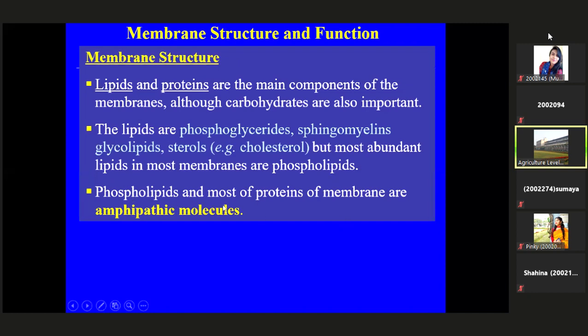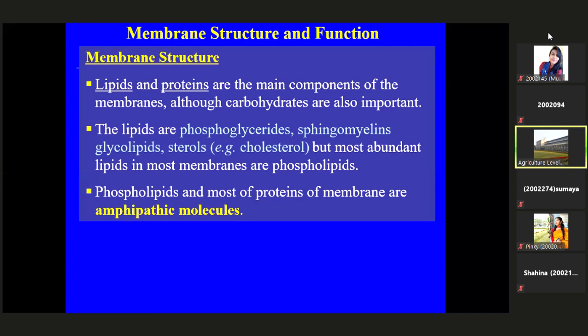So phospholipids and most of the proteins of the membrane are amphipathic molecules. Amphipathic molecules means it contains two types of properties. Amphipathic, amphibolic nature, amphoteric compound, etc. When a compound plays two types of roles, like catabolism and anabolism simultaneously, or cation and anion, or oxidation and reduction. These different and opposite types of properties performed by one compound are called amphipathic, like amino acid, protein.